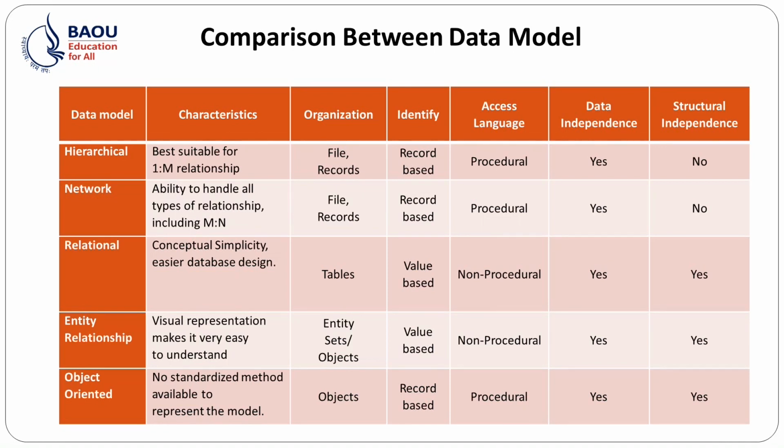The hierarchical model has a one-to-many relationship only, and its organization structure is file or record based, and the access language is procedural. Yes, it has data independence. So here is the conclusion of all these models in this diagram.